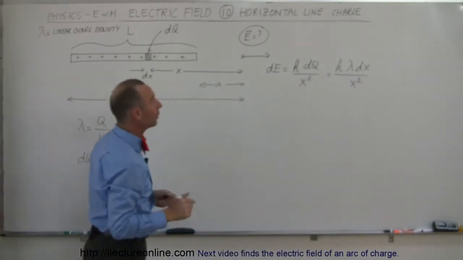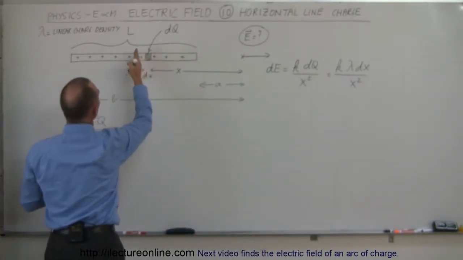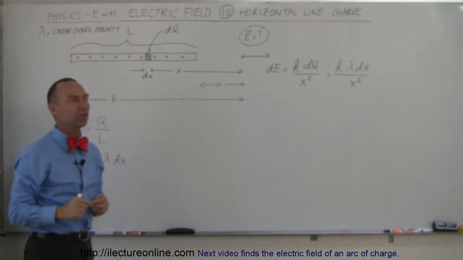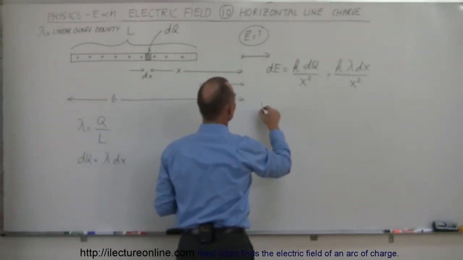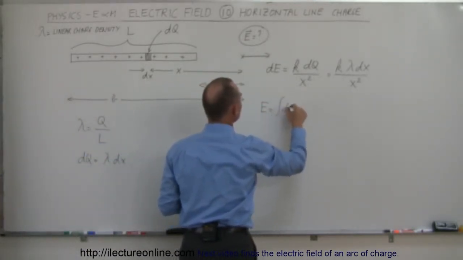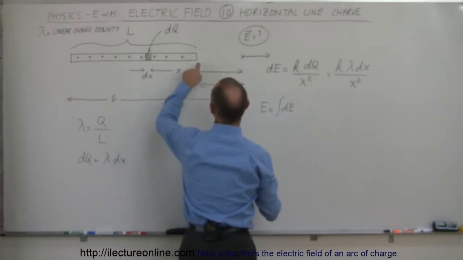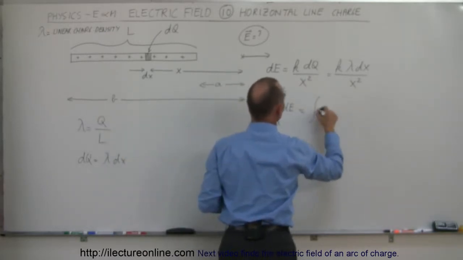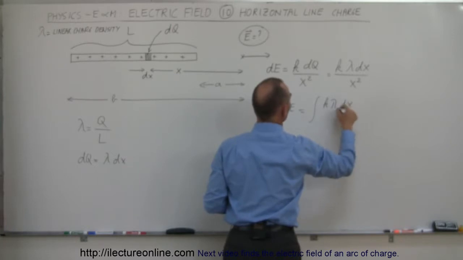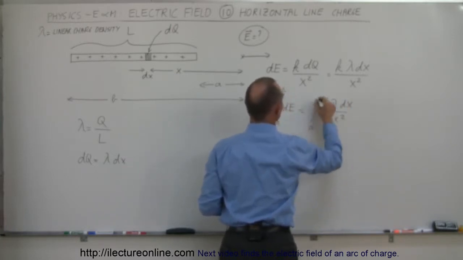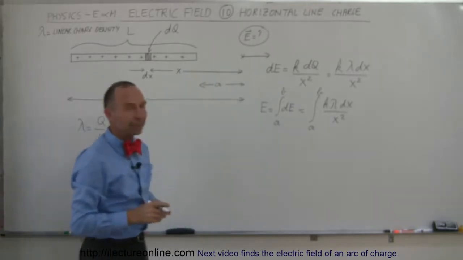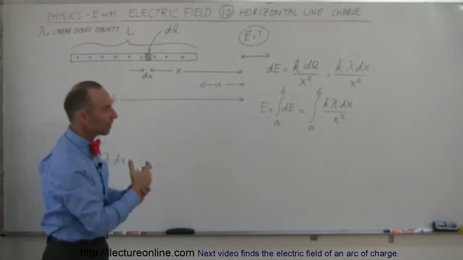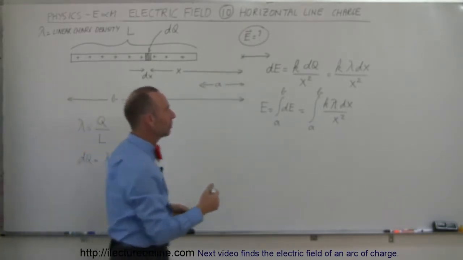And so what we need to do now is sum up all the small little segments, and when we sum them all up, that will equal the total electric field at that location. So the total electric field E is equal to the sum of all the little dE's, integrating from x equal A to x equal B, which is the integral of k lambda dx over x squared from A to B. Now k and lambda are constants, so they can come out, and we can write this as dx times x to the minus 2 power.